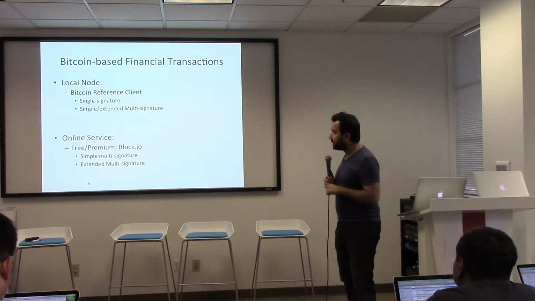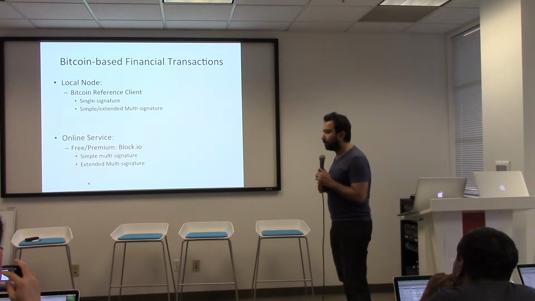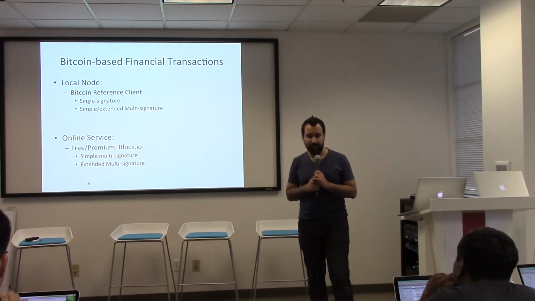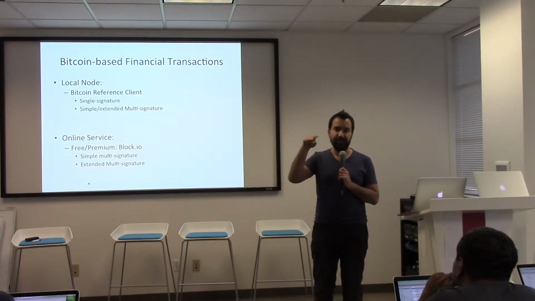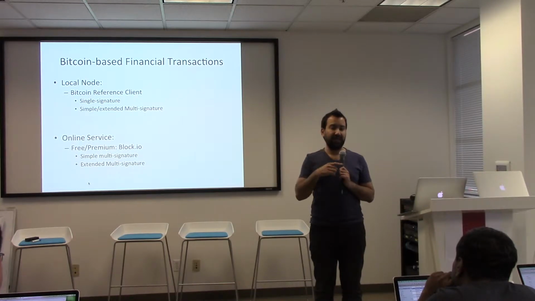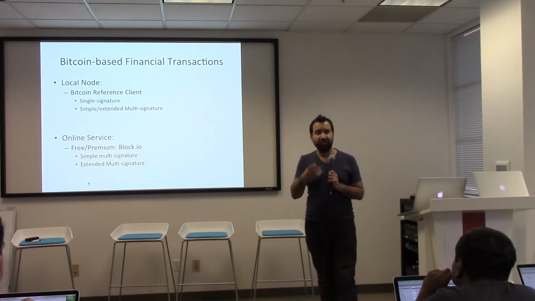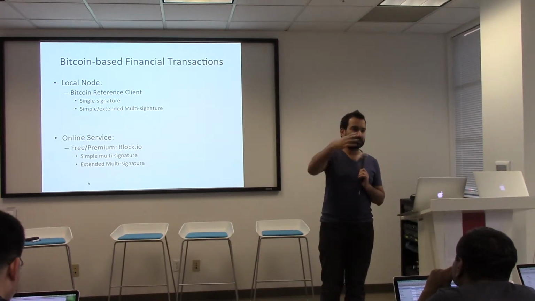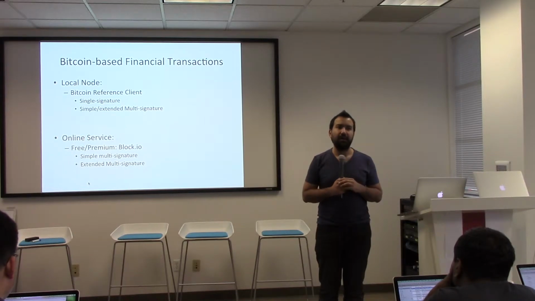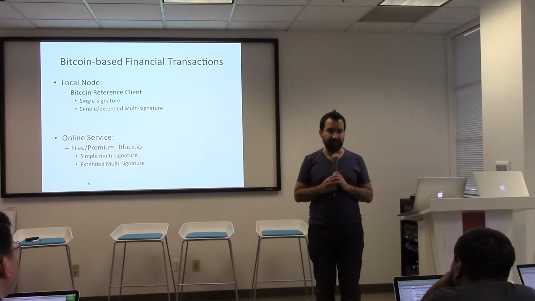So that is definitely a way that a lot of people are using Bitcoin. The Bitcoin reference client can handle single signature addresses, and these are the prevalent ones, the addresses starting with a 1. All they need is one signature. They have one private key, and then you can make a transaction through it. If you want to be more secure and you want to distribute keys across multiple computers and make sure that if one computer gets hacked, all of your coins are not lost, you want to do something called multisignature.